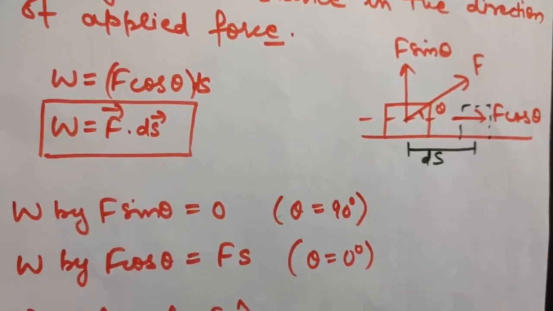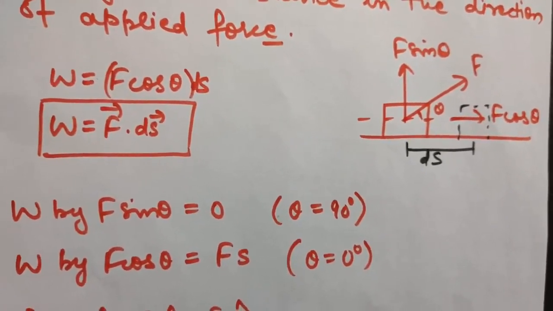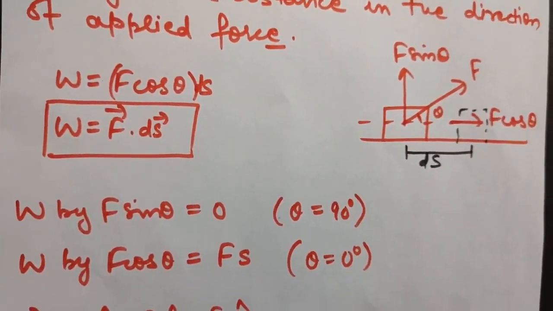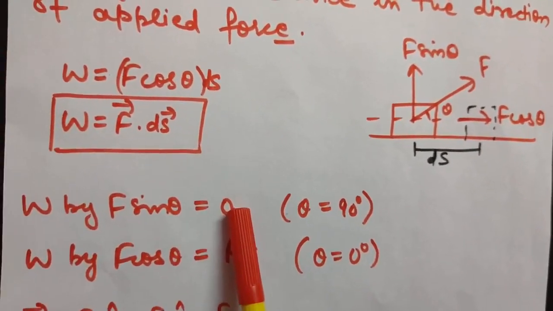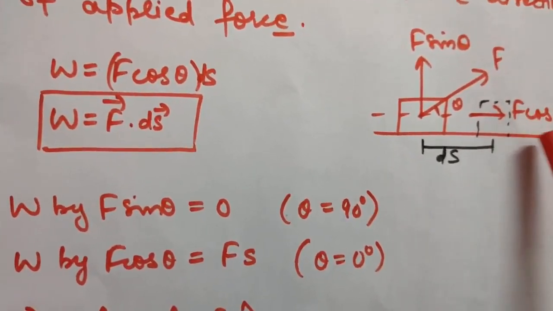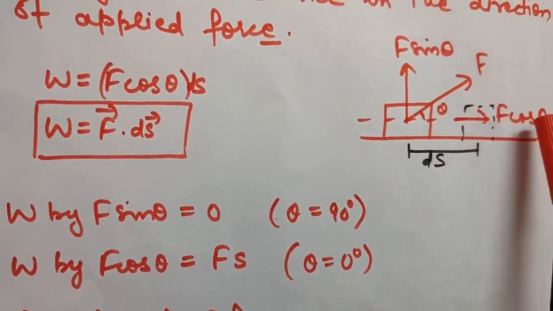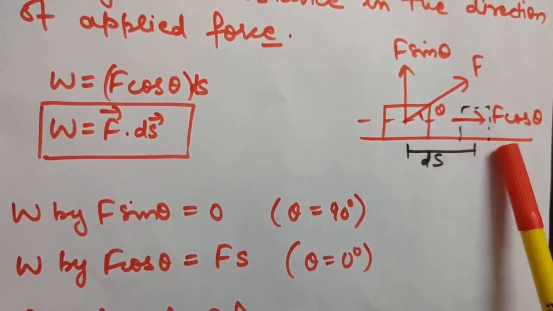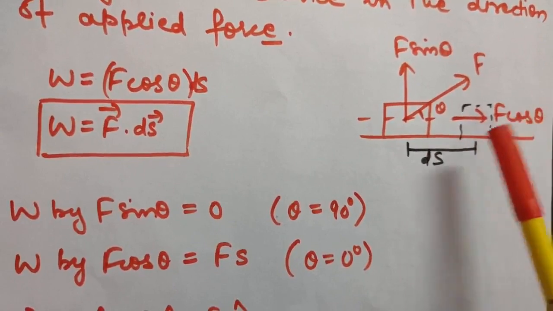So always remember, if force is applied perpendicular to the displacement, then in that case work done will always come to be 0. Now what will be the work done due to F cos theta? See, F cos theta and the displacement are parallel to each other, as you can see. That means the angle between them is 0.